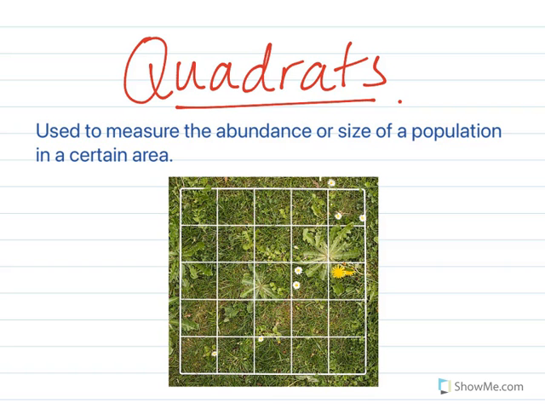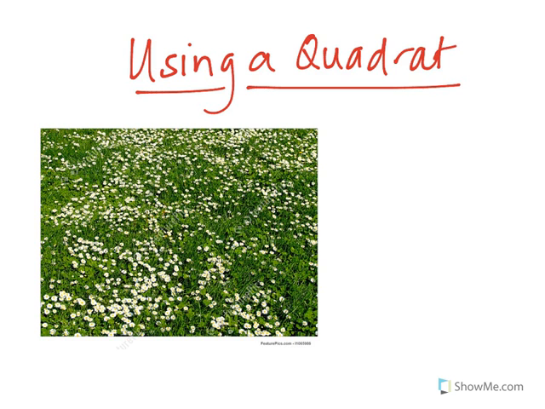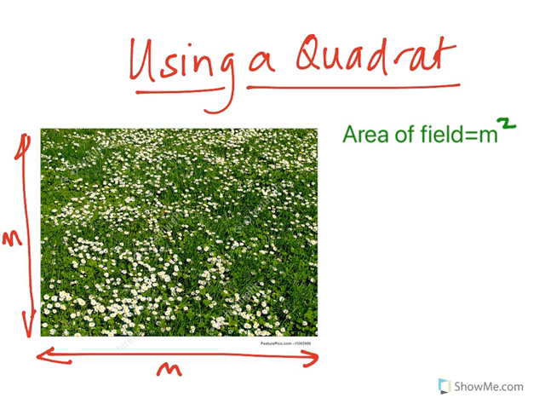Now, for sampling plants in the environment, one of the favourite methods is using a quadrat, and we use them to measure either the abundance or the size of population of plants in a certain area. If you imagine this is a field full of daisies, for example, first of all you need to measure the actual area of that field, and that will give you the area of the field in meters squared.